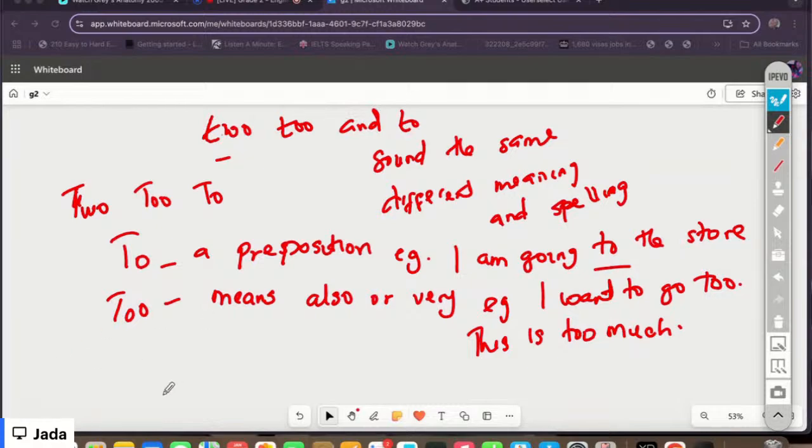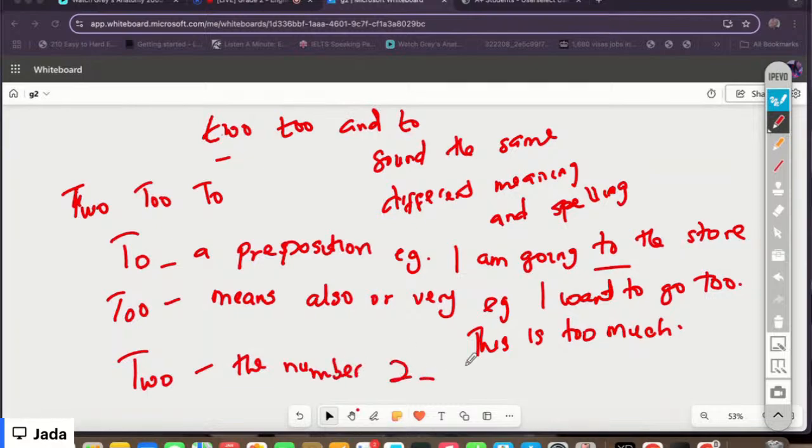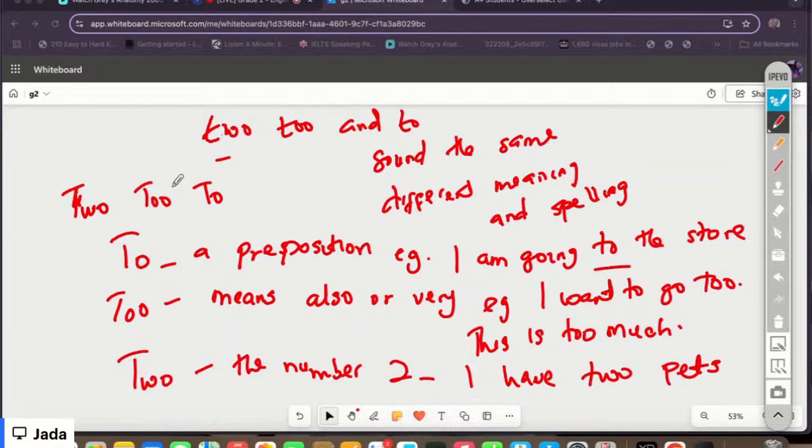So we also have the last two. This one is the number two. You can see, like saying, I have two pets. So you all see that they sound the same, but they all have different meanings. That's it for these homophones.